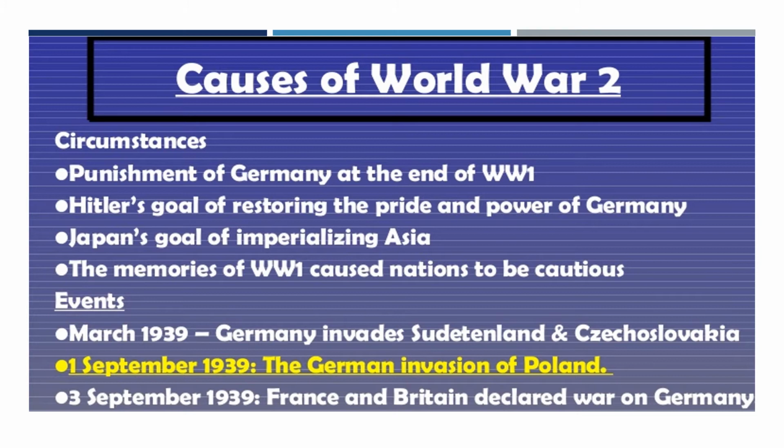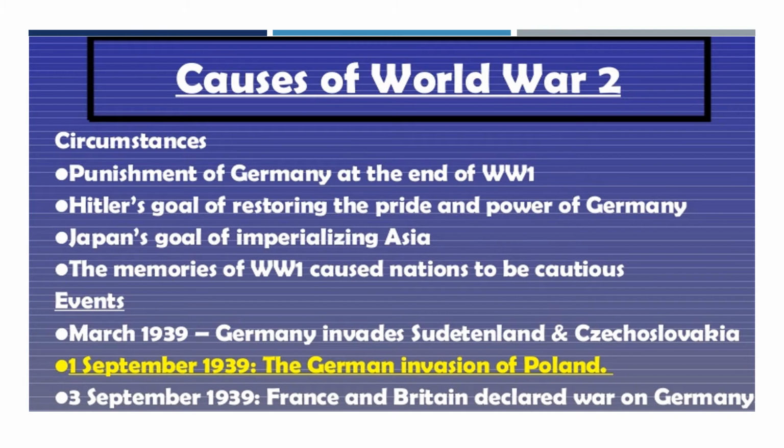How did this all end up in war? Well, highlighted in yellow there is the main reason, the German invasion of Poland. But there were things leading up to that. Now, I said Hitler was able to come to power, the Nazi Party were able to achieve success in elections because of the circumstances in Germany at the time. After World War I had finished and Germany had lost, they were forced to sign an agreement that meant that they were in debt to other countries like Britain and France.